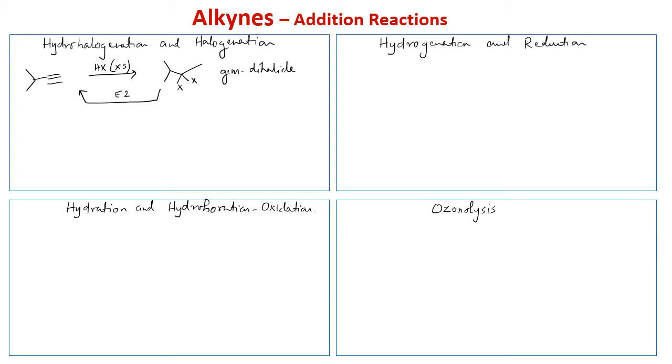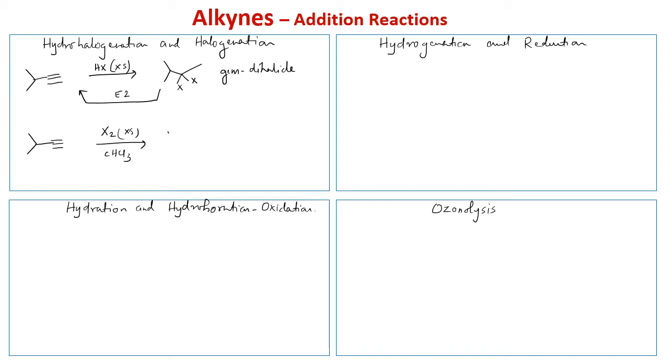So that's the hydrohalogenation reaction. Compare this to a hydrohalogenation of an alkene. That would give us an alkyl halide. Okay, similarly, if we have this alkyne, and if I do a halogenation on this, again, because there are two pi bonds, I'm going to use an excess of the halogen.